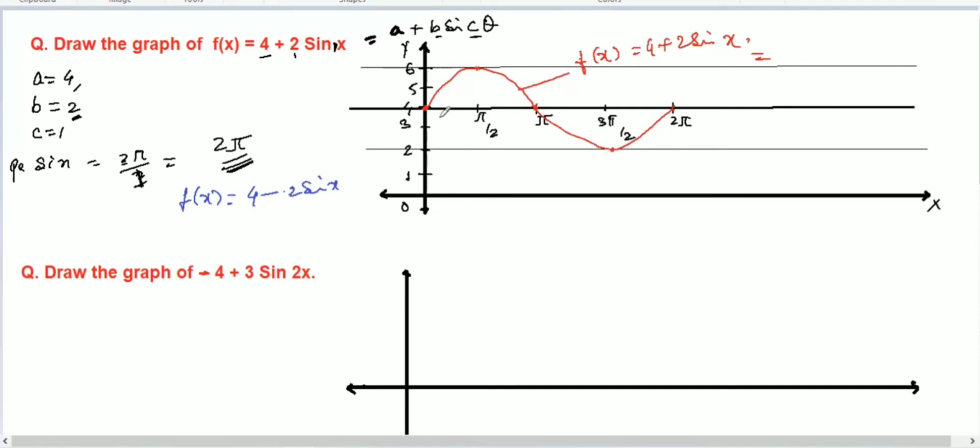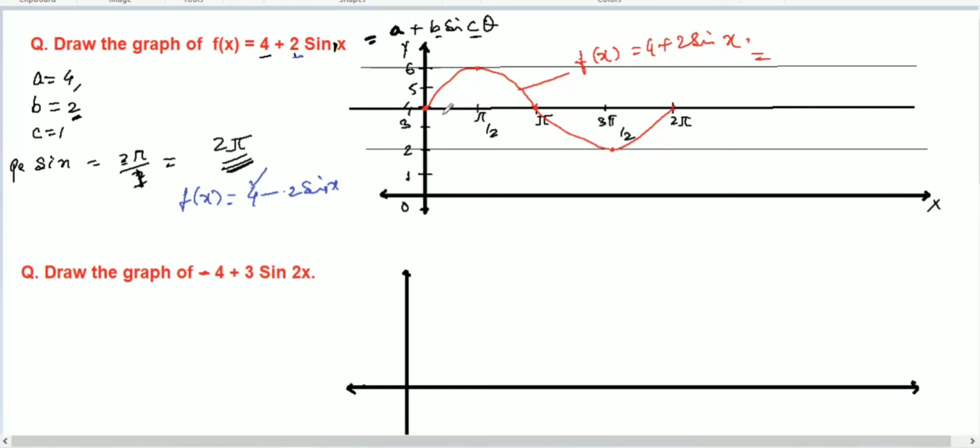Everything else stays the same. 4 is the midway line, no change in this. The period of the graph will not change, but in front of sine x, here it is plus 2, so the graph will start above the midway line. If there is minus 2, it will reflect the graph in the x-axis.